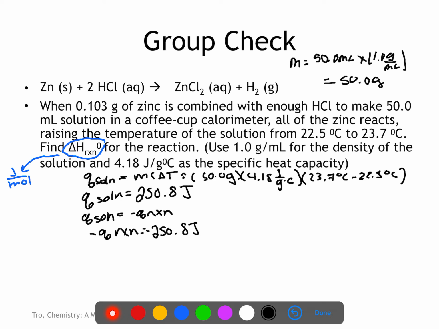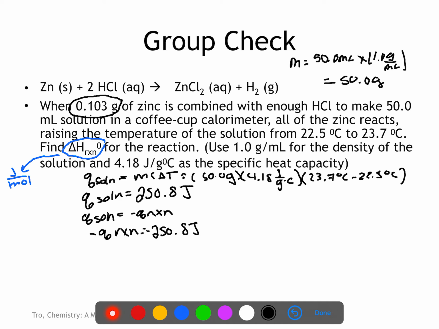So the negative sign here doesn't matter too much as long as you know that the reaction released heat in order for the solution to absorb, and that the magnitude never changes. So now you have joules. You, however, want joules per mole, and you're given the mass of zinc.